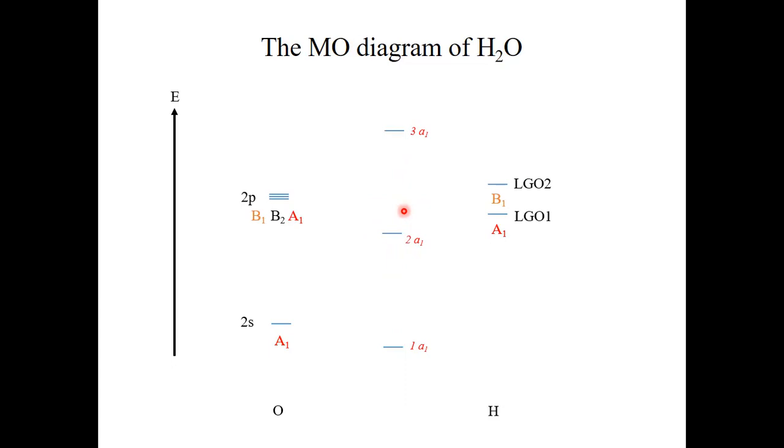So we label the symmetry types according to energy. So this one here will be the 1a1, this one here will be the 2a1, and this one here will be the 3a1. So it is customary to use lowercase letters for molecular orbitals, while we use uppercase letters for atomic orbitals and ligand group orbitals. So please keep that in mind as well.